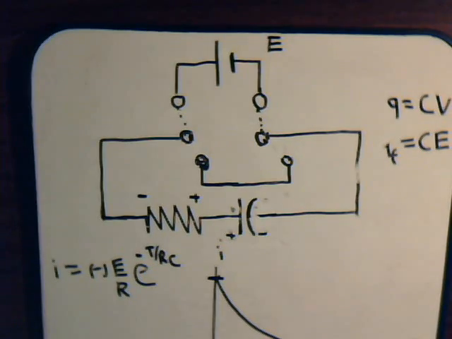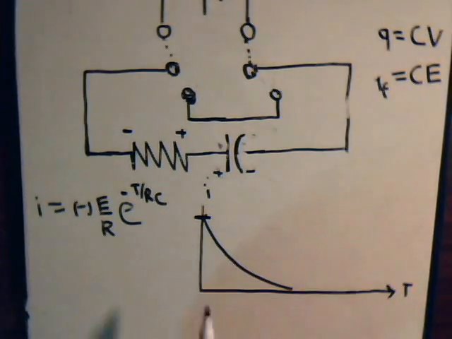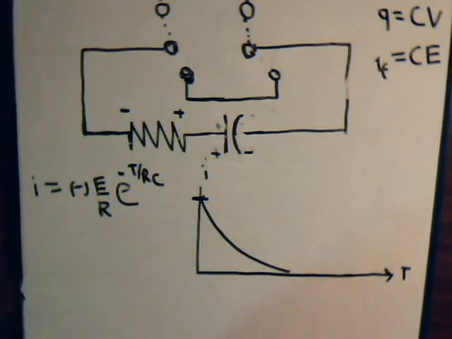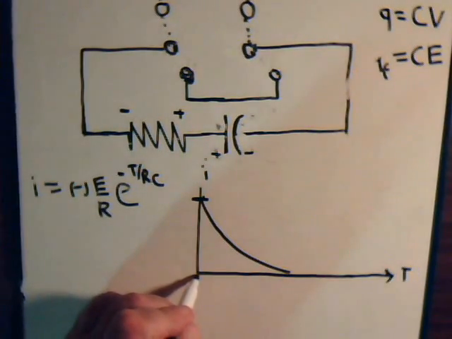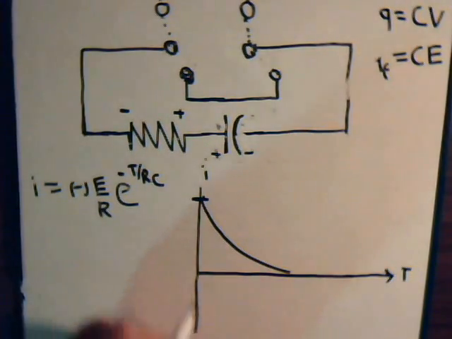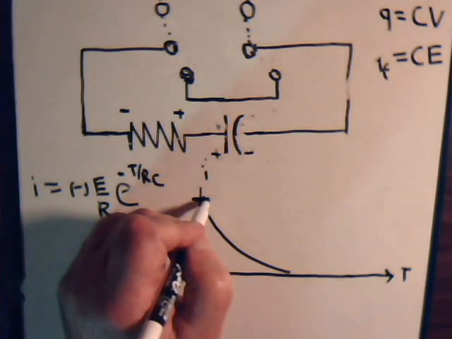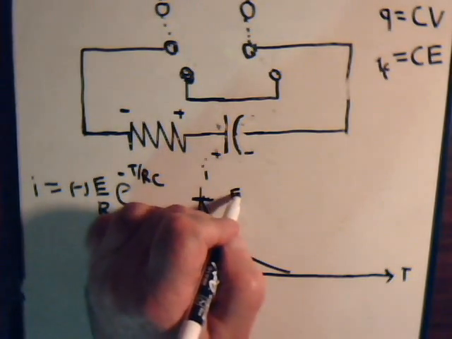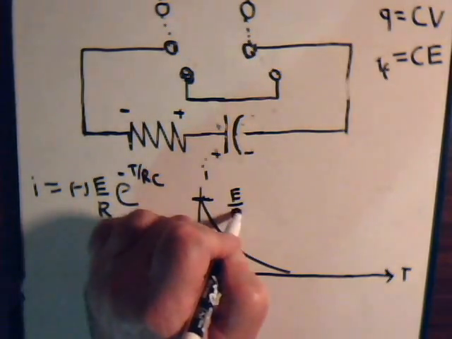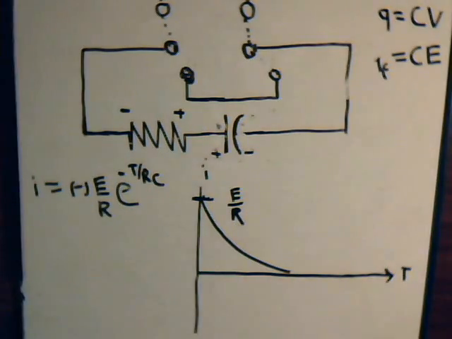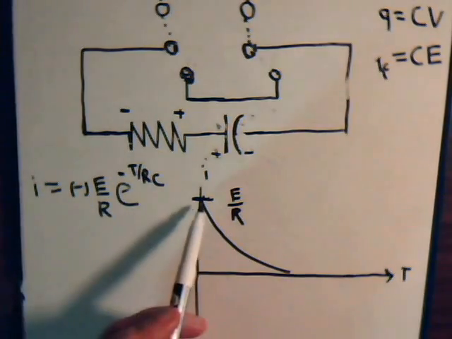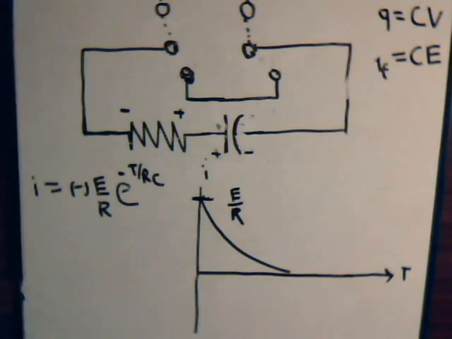Now for the discharge, that's our charging current. Now the discharging current, and this is E over R. The charging current, as we discussed a few moments ago, starts off with the value of E over R and goes to 0. Well, now the discharge current, so now it's like this, there's no current.